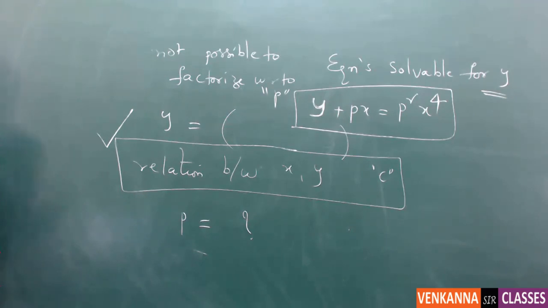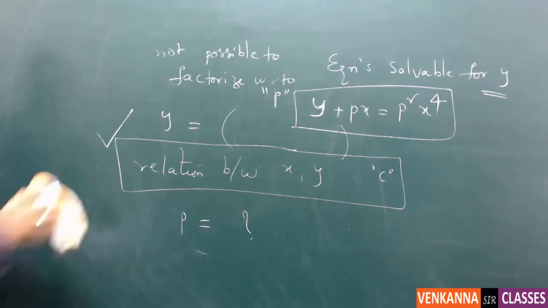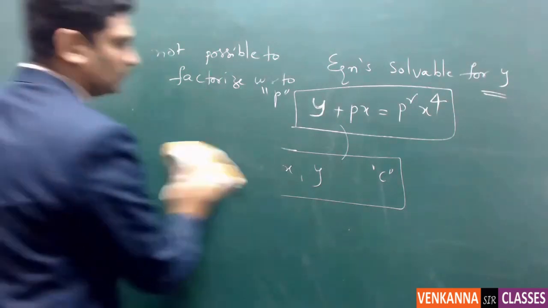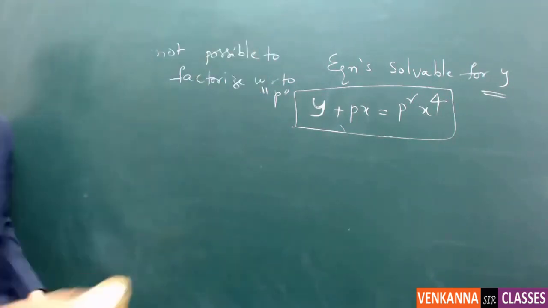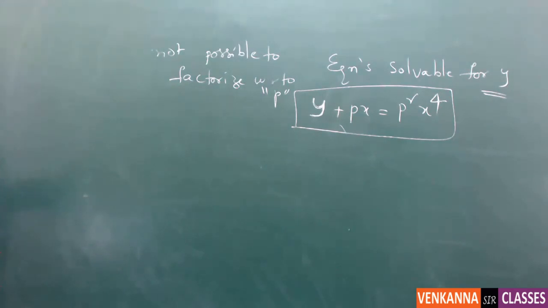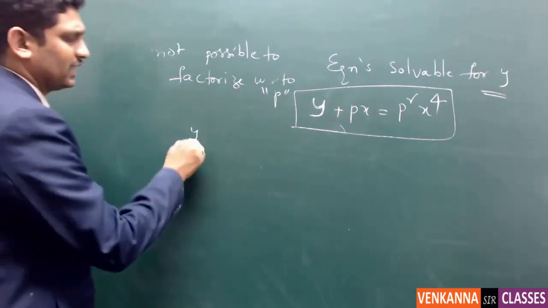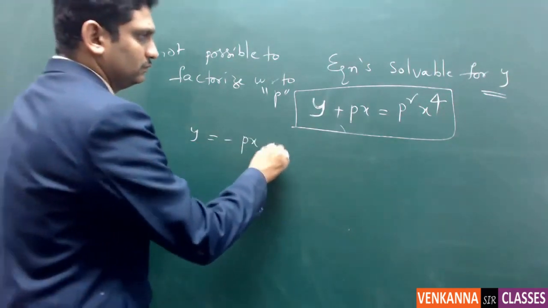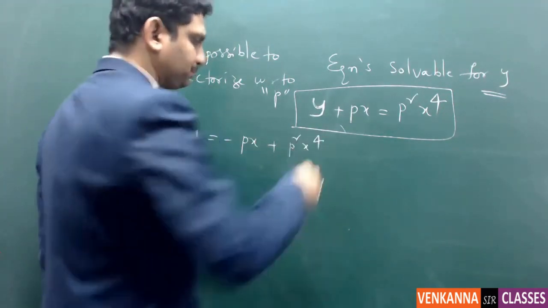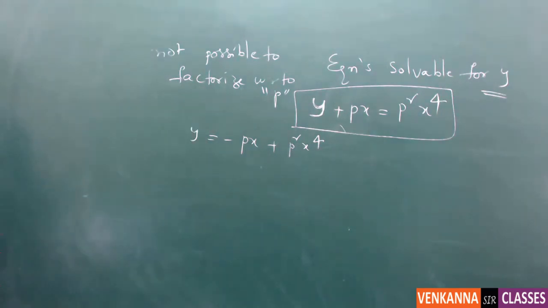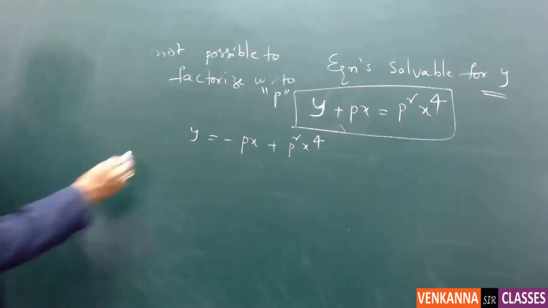Right. So let me go with the solution part. Since it has power 1 for y, it is solvable for y. I am going to write it as y is equal to minus px plus p square x power 4. Now differentiate with respect to x on both sides.